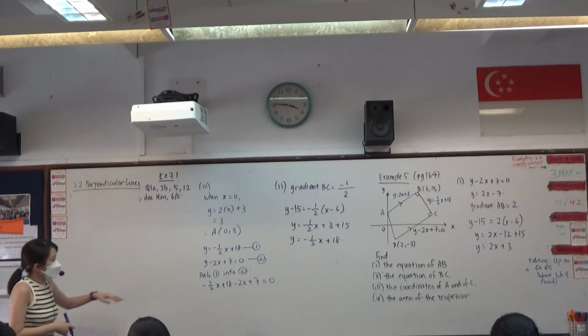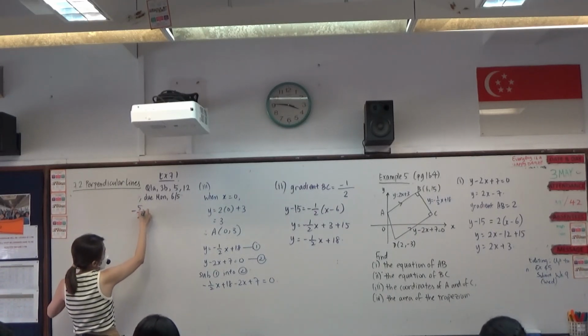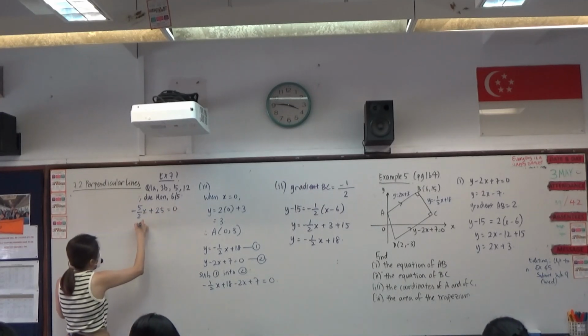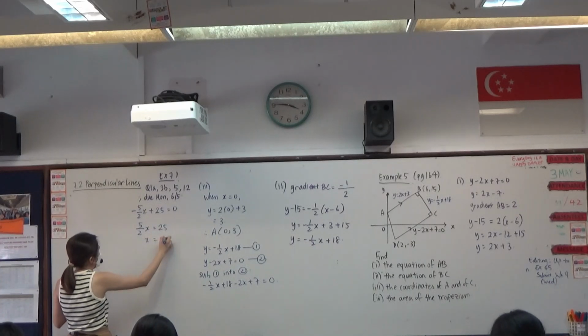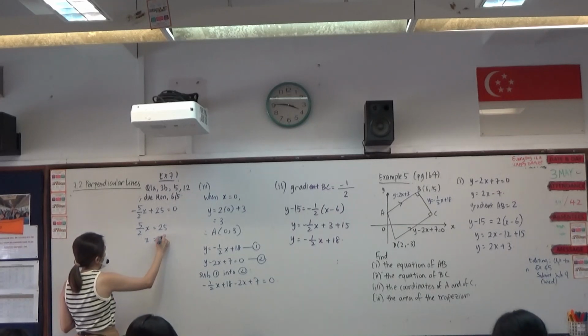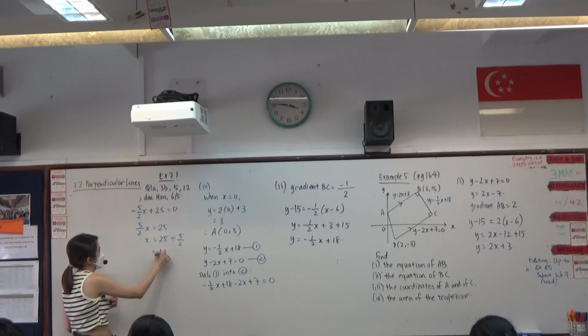So I'll get negative 5 over 2 x plus 25. So 25 divided by 5 over 2 will give us 10.